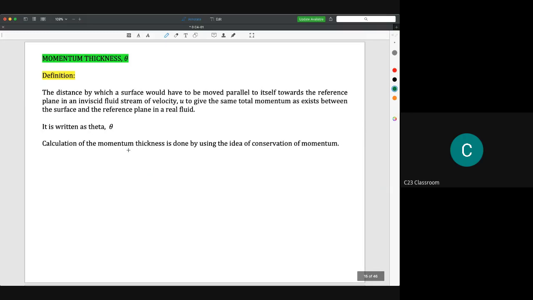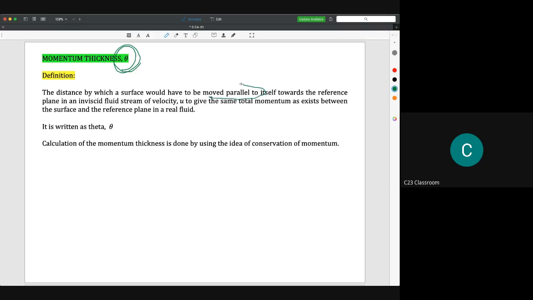Okay, next, we are going to derive another term of the boundary layer, which is called the momentum thickness. The symbol of momentum thickness is theta, like this. The definition here is the distance by which a surface would have to be moved.